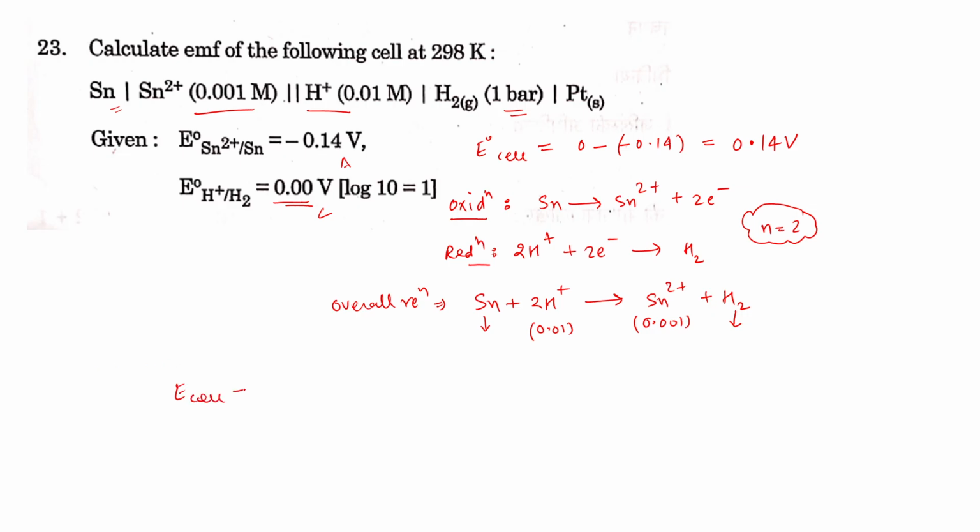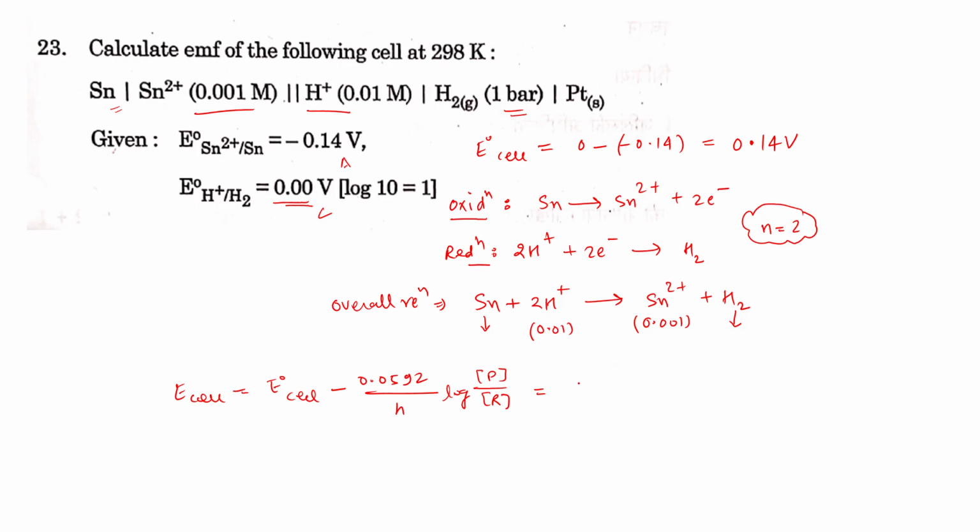So when we apply the Nernst equation, E cell becomes E naught cell minus 0.0592 by n log product upon reactant. We can directly put these values as it is given in the question. E naught we have already calculated.